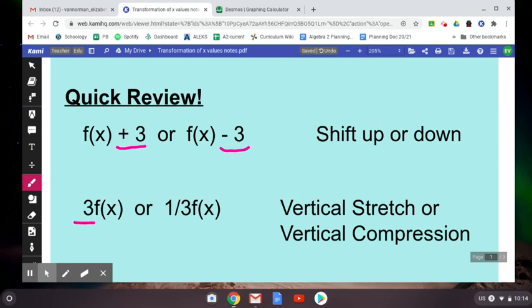When I multiply or divide something on the outside of my function, that is a vertical stretch or vertical compression. Anything that happens on the outside of my function happens to the output, which is your y values. So you might be thinking, what about things that happen on the inside of my function? Or what about stuff that affects my x values?